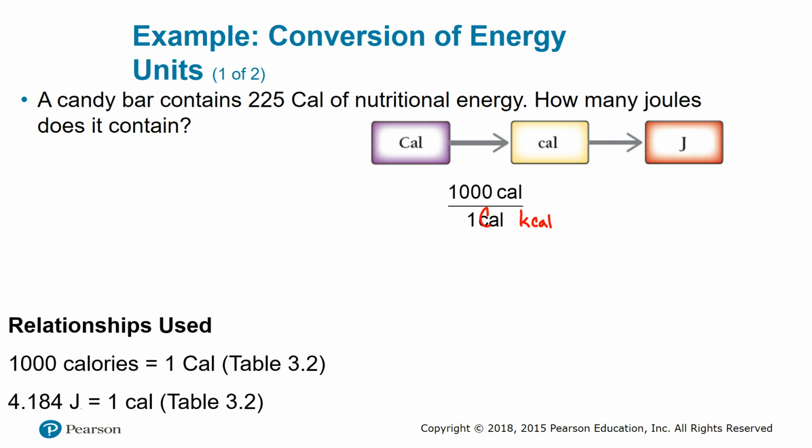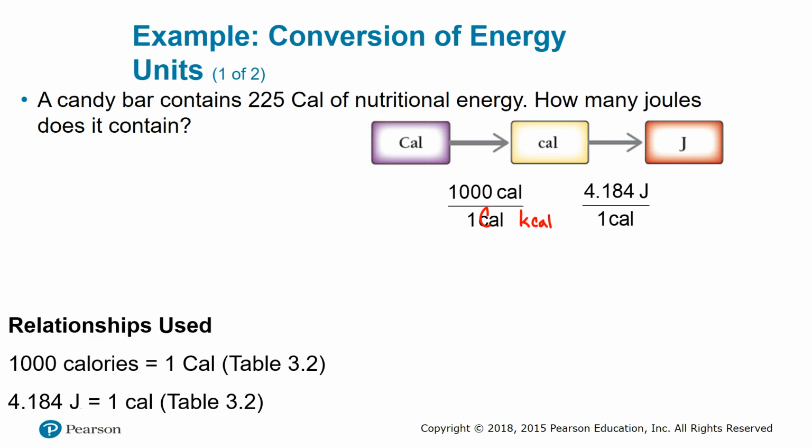So 1 kilocalorie equals 1,000 heat calories. Big C is a bigger unit. It equals 1,000 of the little c's. It's kind of like 1 kilometer is equal to 1,000 meters. A kilometer is larger than a meter. It's the same thing with just a different end unit.